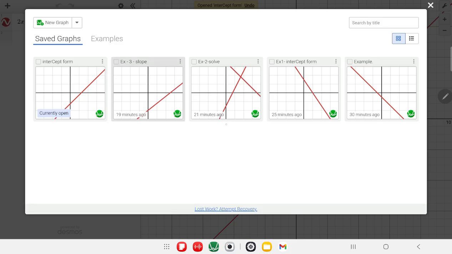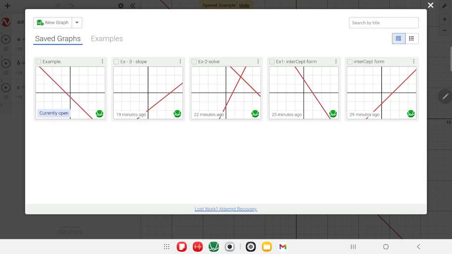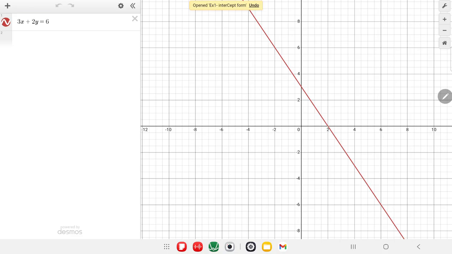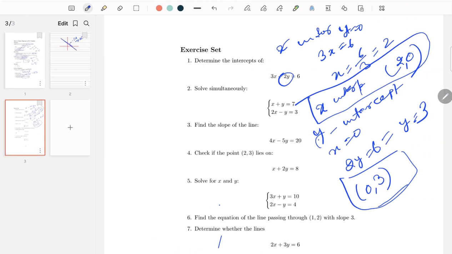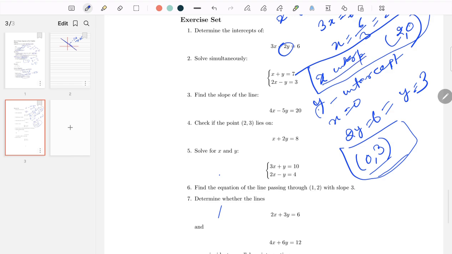The intercept at the x-axis is 2, 0, and at the y-axis is 0, 3. That comes the same as our solution, and we solved it.